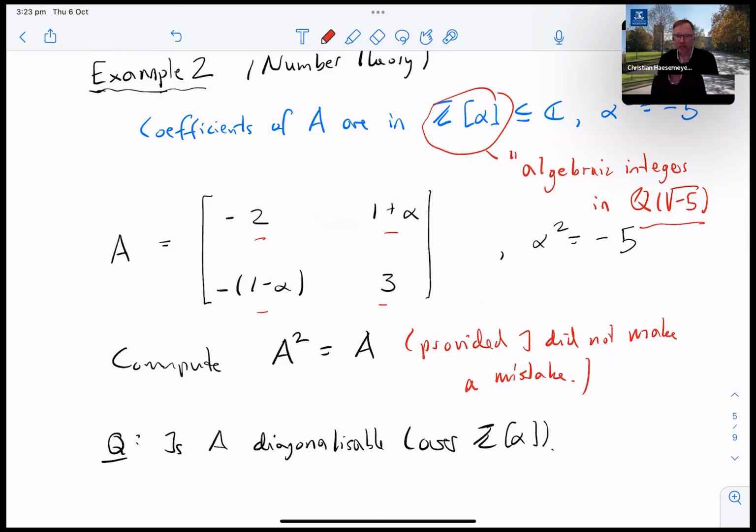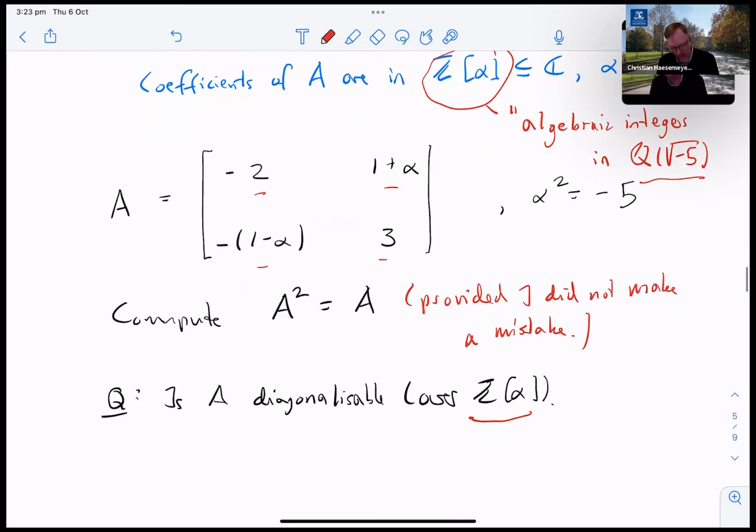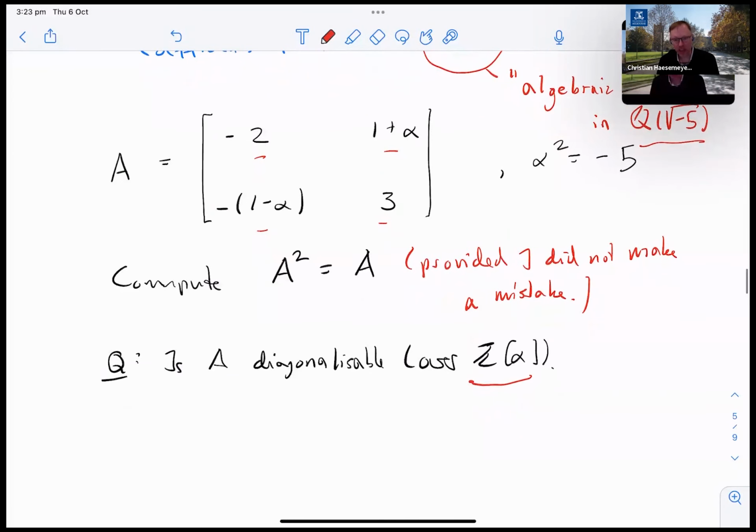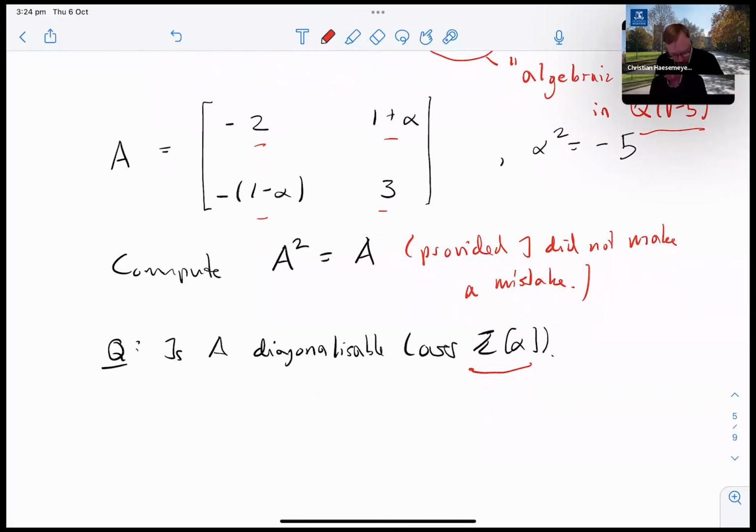And then linear algebra tells me the matrix is diagonalizable. But what I want to claim is it is not diagonalizable if all I'm allowed to do is change bases with a matrix whose coefficients themselves are these algebraic integers. So it in fact becomes diagonalizable as soon as you allow division by 2, which is also not incredibly hard to see.